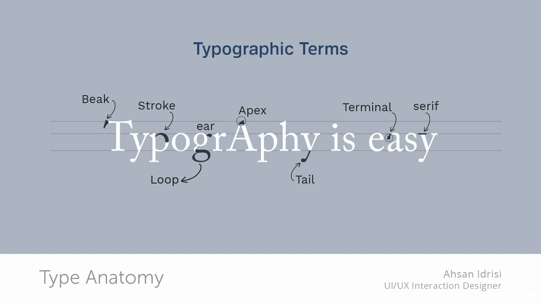Then we have tail. This is the lower portion of letter Y. And then we have this terminal, which is also like a tail, but it is not extended at the bottom. It is extended at the left or right side of a letter, like this A. Then we have serif. Serif is any line or feature that separates the font types.